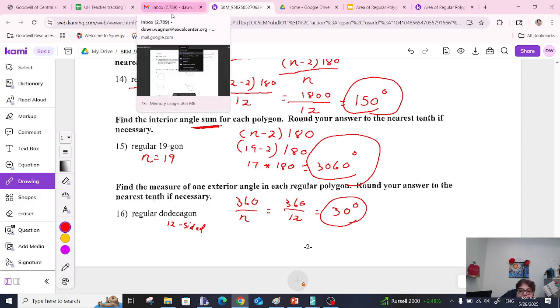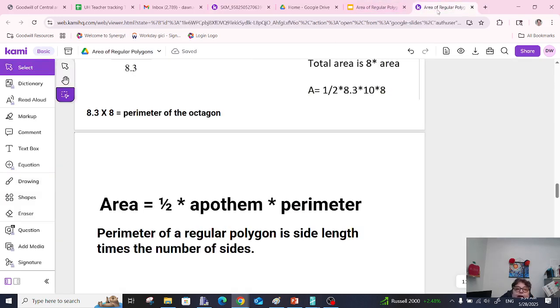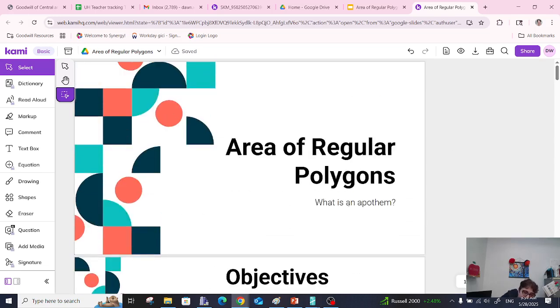Okay, so today we are learning about regular polygons. Going to learn a new vocabulary word. And we have to go back to trigonometry and special triangles to be able to do these.